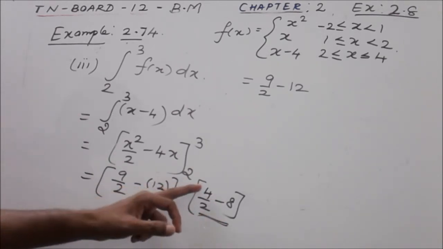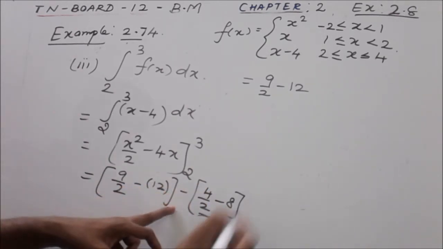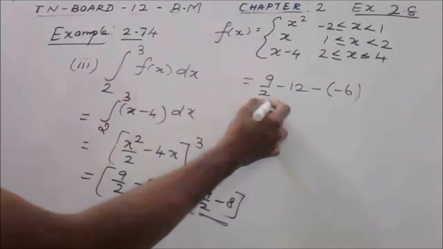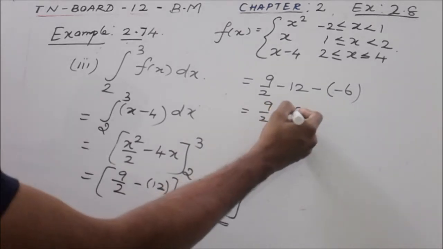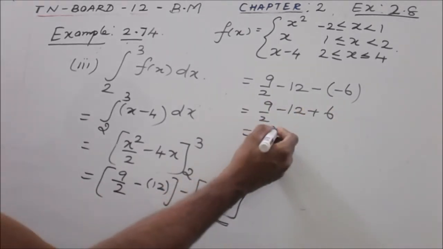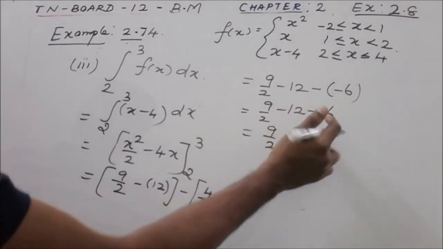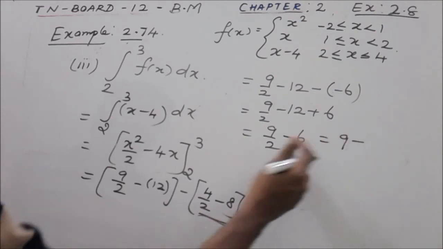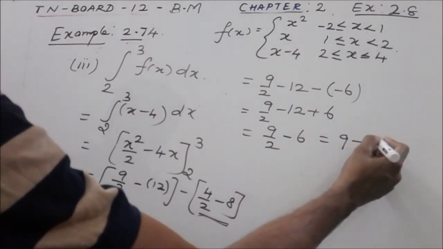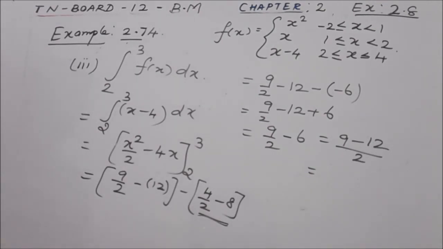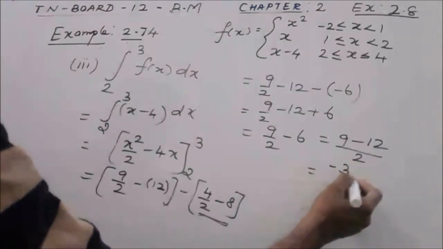Simplifying this, minus of minus 6 gives plus 6, so 9 by 2 minus 12 plus 6, which is 9 by 2 minus 6, which is equal to 9 minus 12 by 2, that is equal to minus 3 by 2.